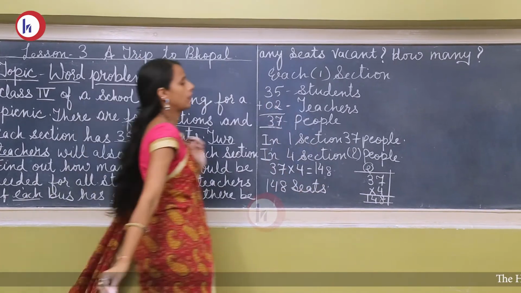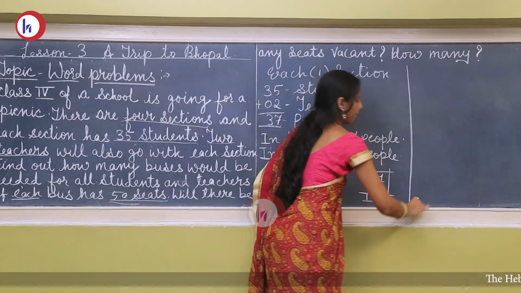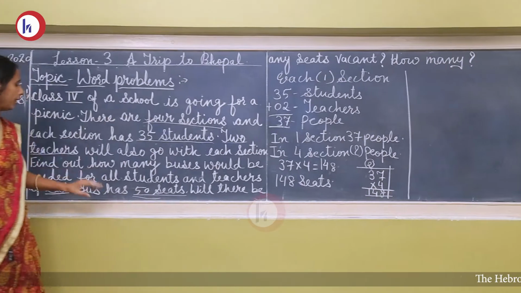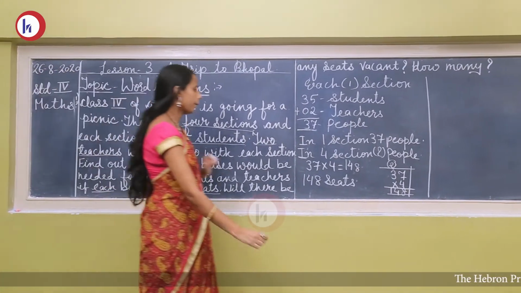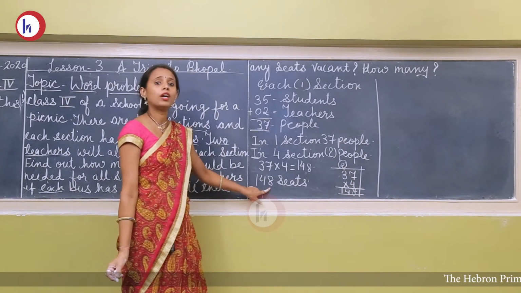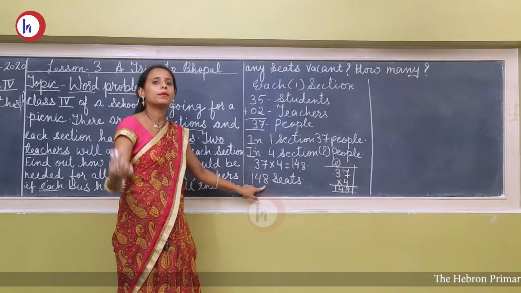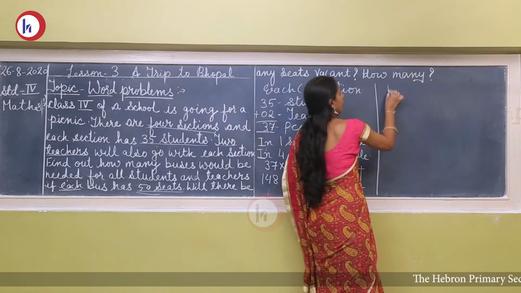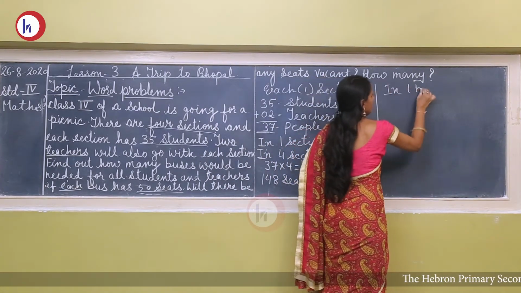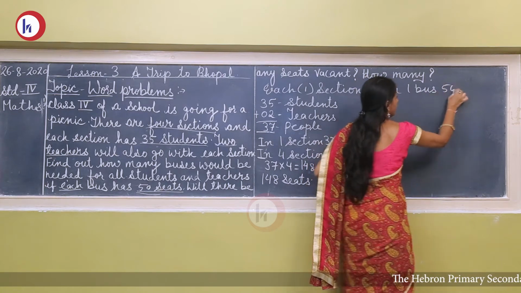Okay, now see, in one bus, how many seats are available? 50 seats. So we want 148 seats. How many buses will we need? In one bus, 50 seats.